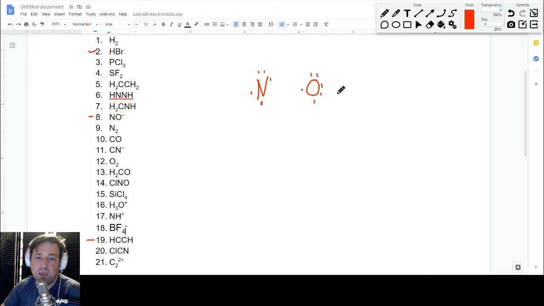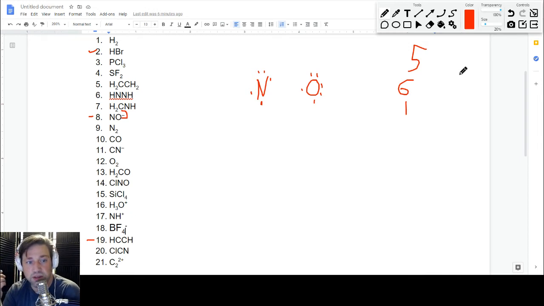Okay, so now let's go through and count electrons. So for nitrogen, there's going to be 5. For oxygen, there's going to be 6. And we have a negative charge here. So this negative charge means that we have 1 additional electron. Remember, an electron is negatively charged.